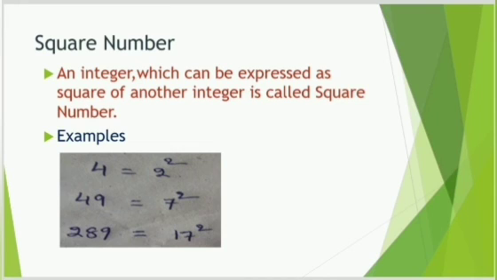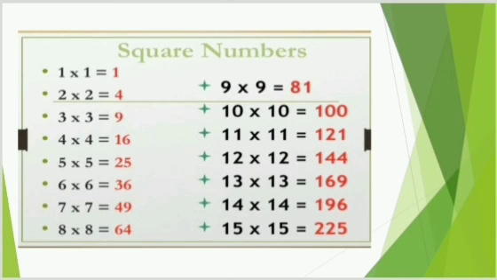Okay children, see the slide. Square numbers are here: 1, 4, 9, 16, 25, 36, 49, 64, 81, 100, 121, 144, 169, 196, 225 are all square numbers. Okay.